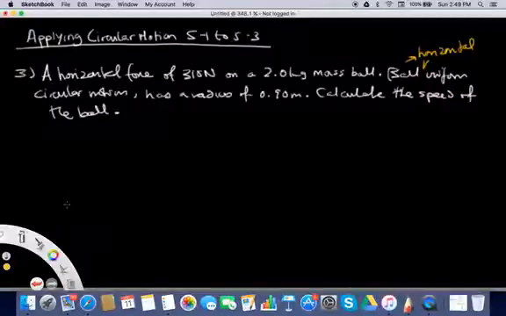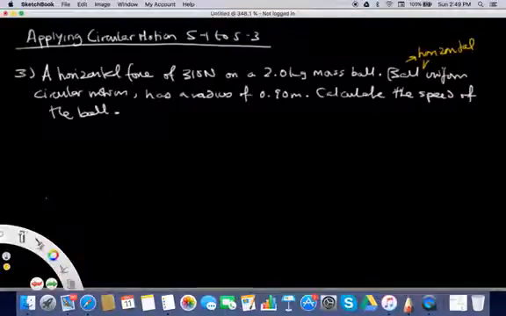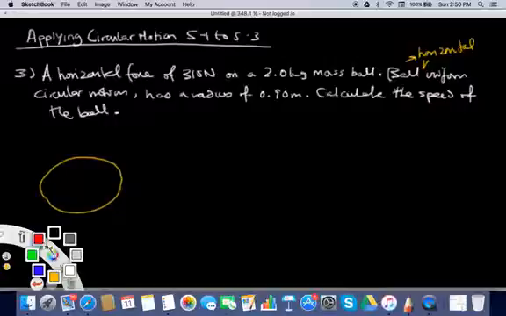So we can draw hopefully a decent picture, and you'd have to make the implication that we're going in horizontal motion, but we need some sort of diagram, so you can look at it from a top view if you need to. Okay, we have a circle here, and we know that we have a 2 kilogram mass ball.